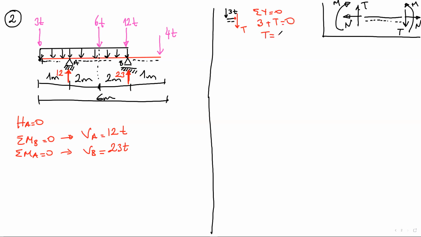T here is minus 3. So the shear force at the start point is minus 3. It's on the negative side, at the bottom side of our line.